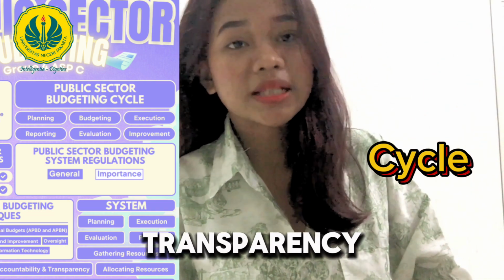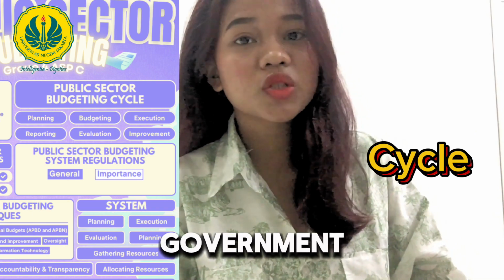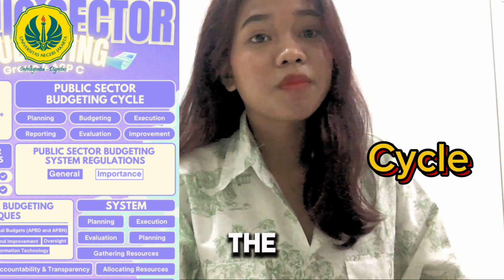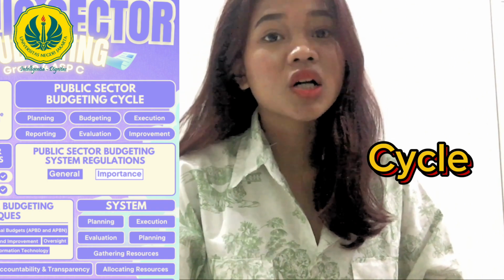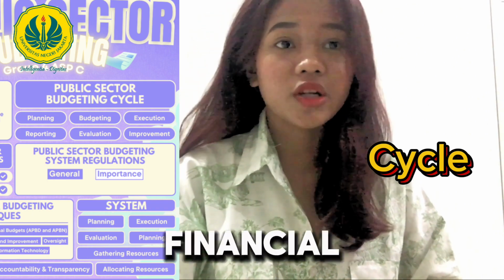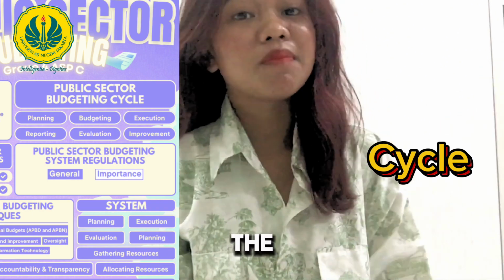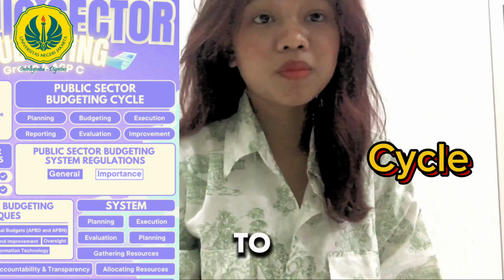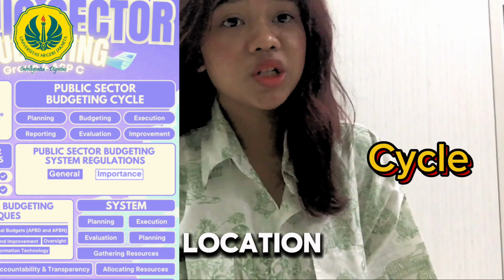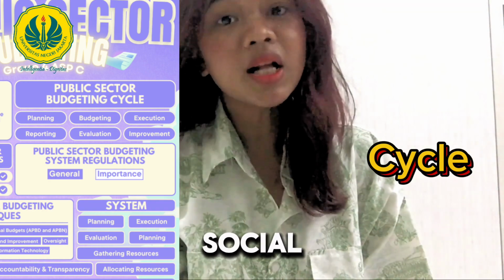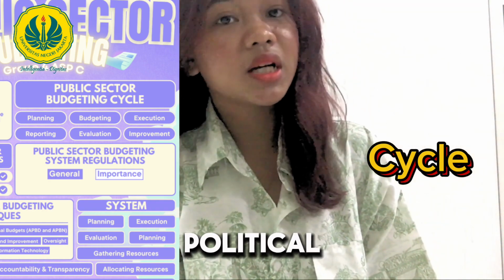Accountability and transparency require the government to be responsible to the public for how the budget is used, providing clear and accurate information about managing financial resources. And the public budgeting system needs to be responsive to change, adjusting priorities and resource allocation based on evolving social, economic, and political conditions.